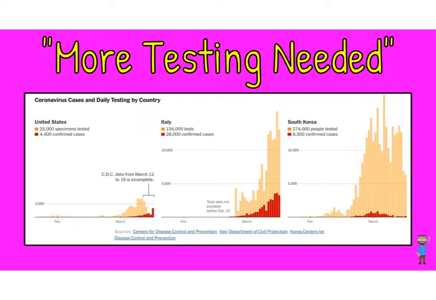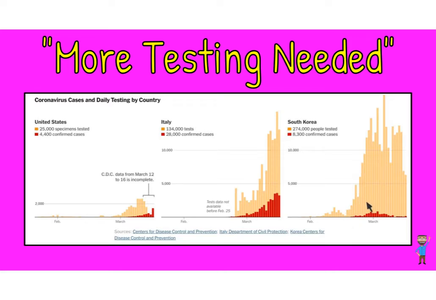So if you start by looking at South Korea all the way on the right, South Korea has had one of the best responses to the coronavirus outbreak, and they've been doing a really good job of keeping the virus as contained as possible. Now, one of the ways they've been doing that is by testing a lot. So you can see, starting in February, they weren't doing much testing.